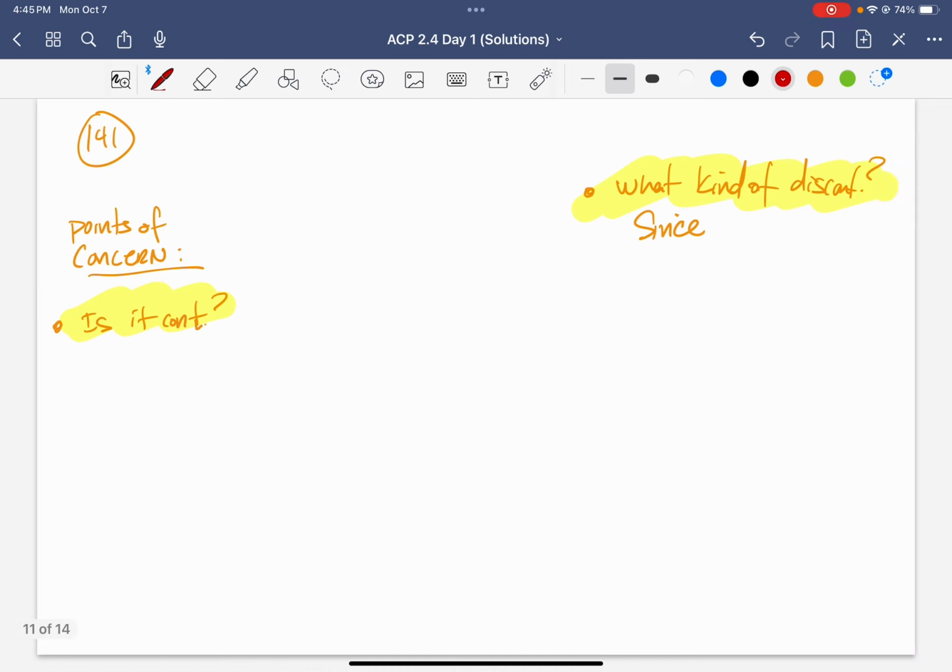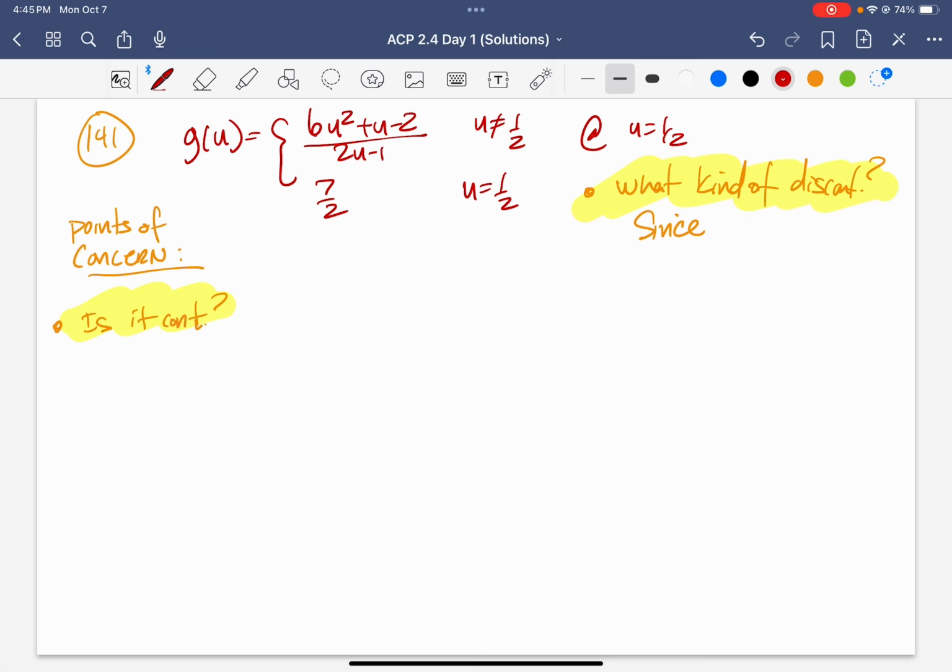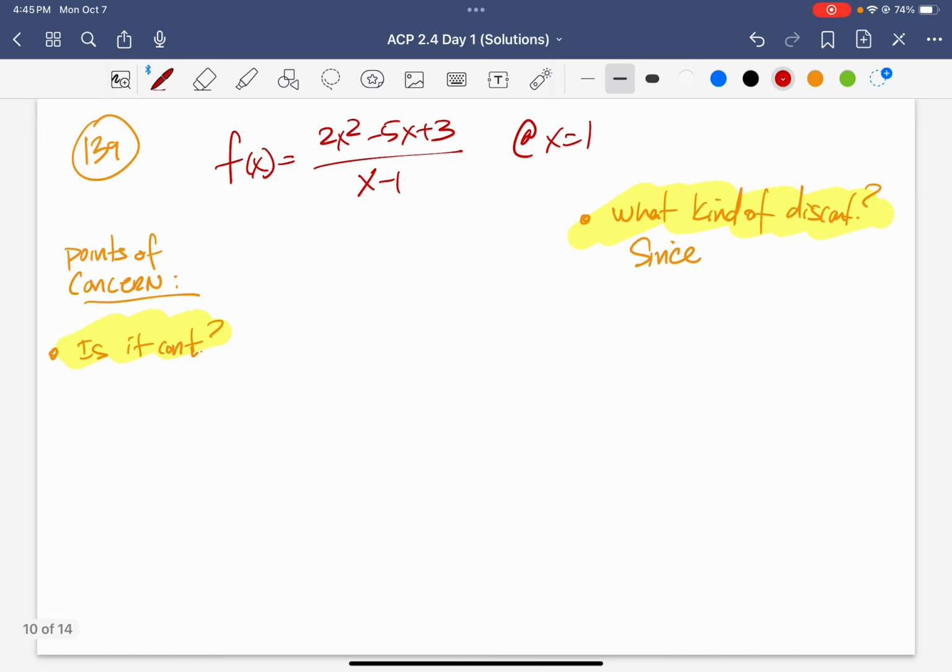And then for 141, in a second, it's going to be g of u is equal to 6u squared plus u minus 2 over 2u minus 1, and it's 7/2. This is if u is not equal to a half, and this is if u is equal to a half. And here they want to know at u is equal to a half.